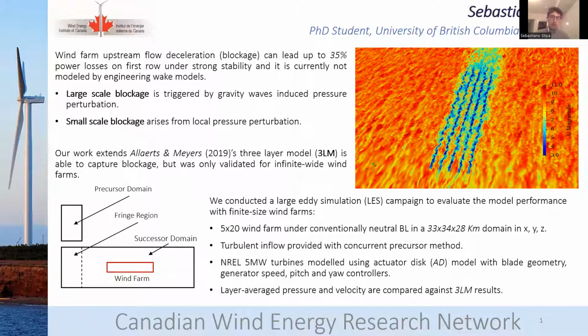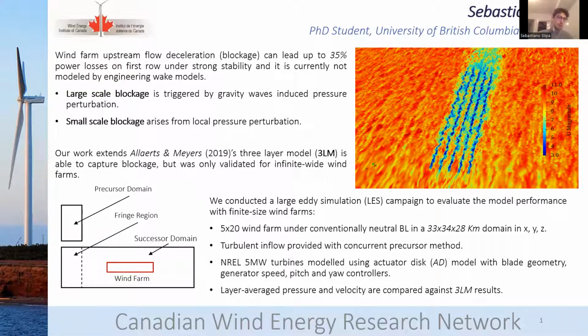For the LES, we also include the thermal stratification of the atmosphere, so we are able to capture the stability effect. In order to prescribe time-varying turbulent inflow to our simulation, we use what is called the concurrent precursor method, where there is a simulation of a portion of the domain which runs synchronized with the main simulation.